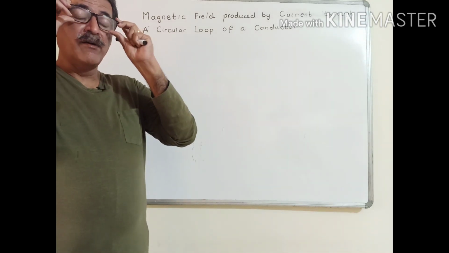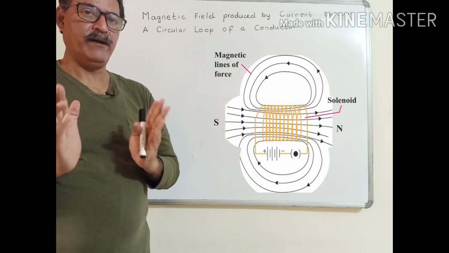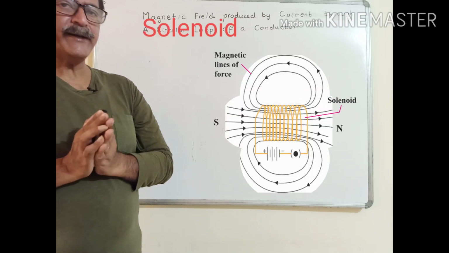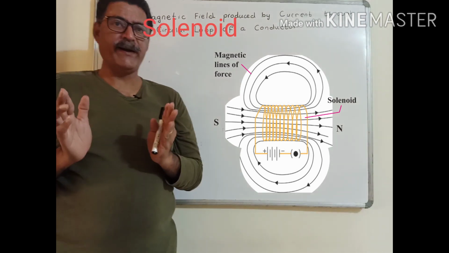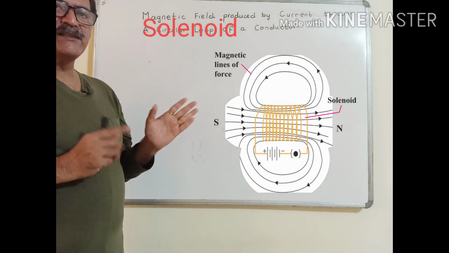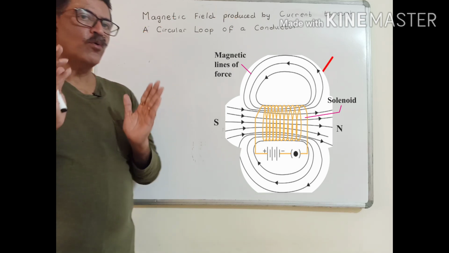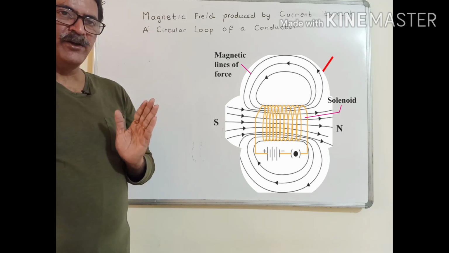Now students, we will talk about something which is called a solenoid. A solenoid, right? Now what is this solenoid? If you look at the diagram of the solenoid, it is very similar to that of a spring, right? So what is a solenoid? You'll have to define.